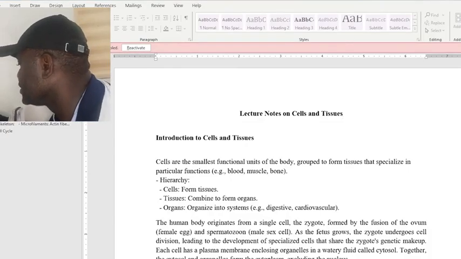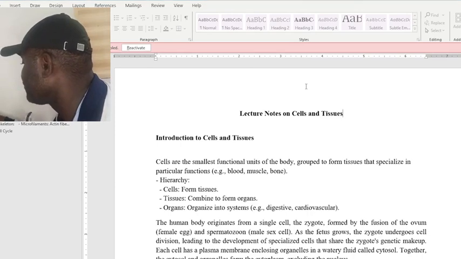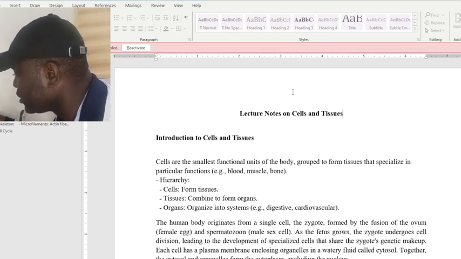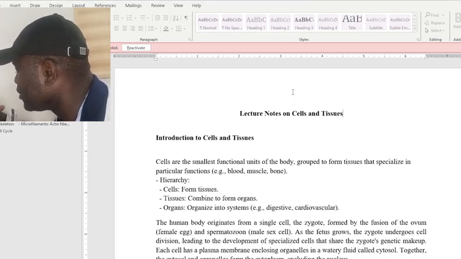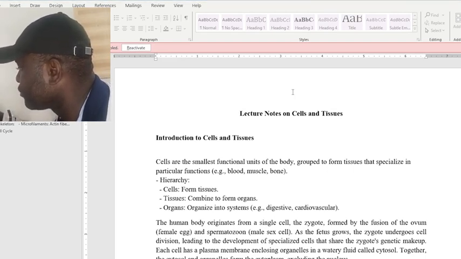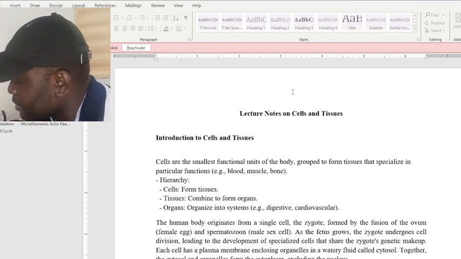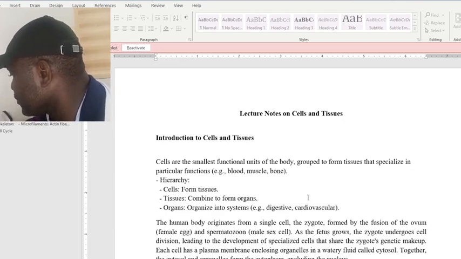So the basic definition, the common definition for cells, is that a cell is the basic structure and functional unit of life. And in the organization of life, a group of cells that are similar in function form tissues, while a group of similar tissues form organs, and a group of organs that perform similar functions will form systems.